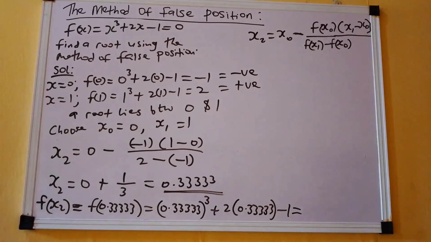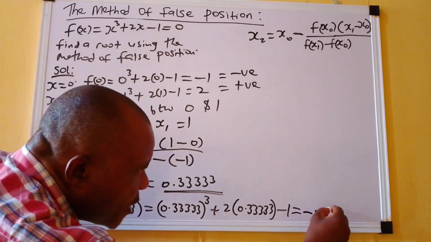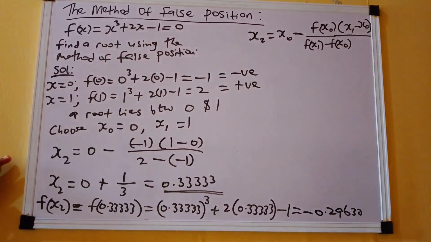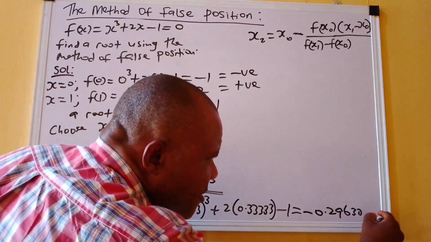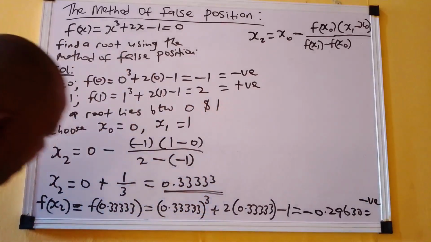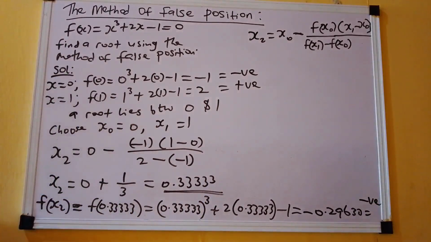That value will be minus 0.29630. Of course this has a negative sign, so you can see that our f of x2 is negative.